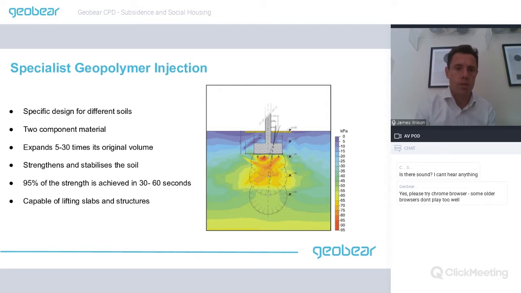So you can see this picture on the right is a very standard strip footing, and this is a color-coded finite element analysis of the soil underneath the strip footing. We stand on the surface here and we drill down and we inject a two-component material directly underneath the strip footing to whatever depth we determine is necessary.